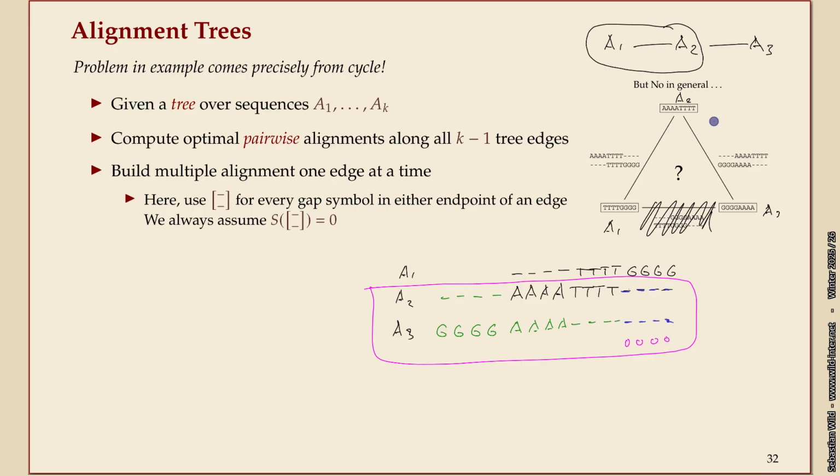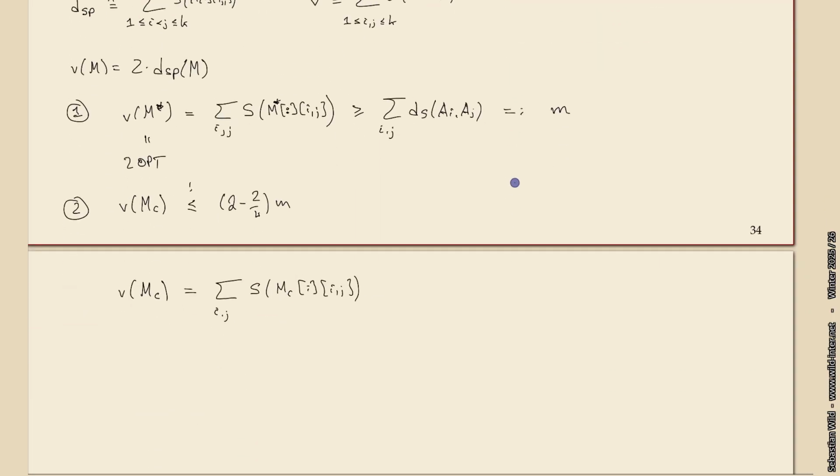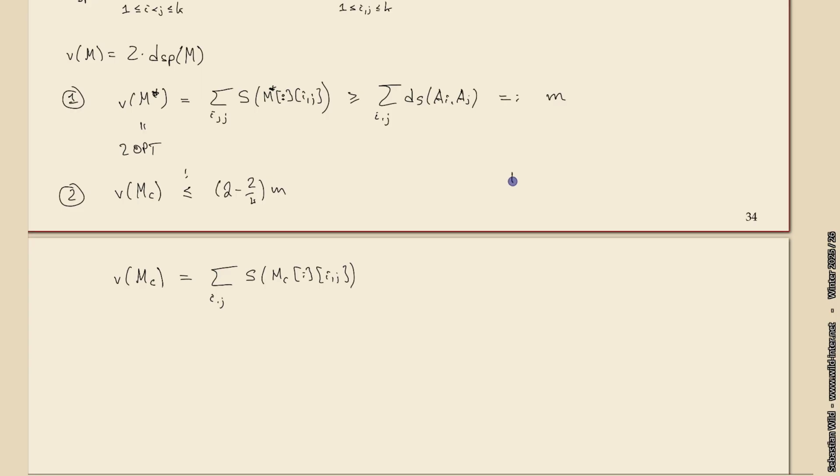When you build an alignment from a tree like this, whenever you look at the pairs that you had an edge for, their pairwise alignment is optimal. The pairwise alignment induced by the multiple sequence alignment only has some 0 columns added. Otherwise, its score is the same, and because they're 0, its score is the same as the optimal alignment. So that's the fact from above.